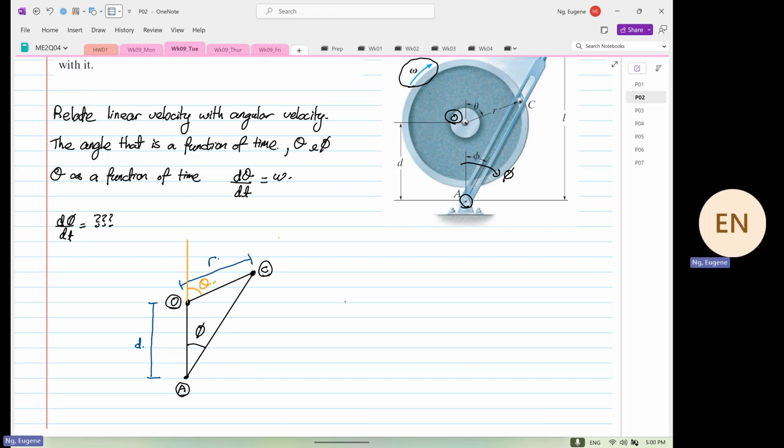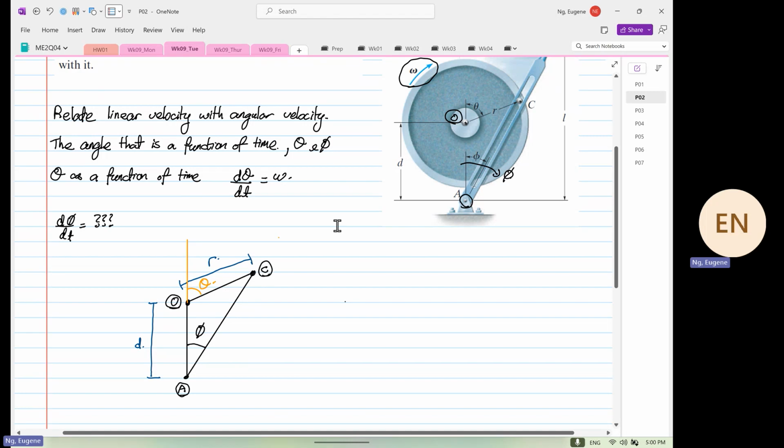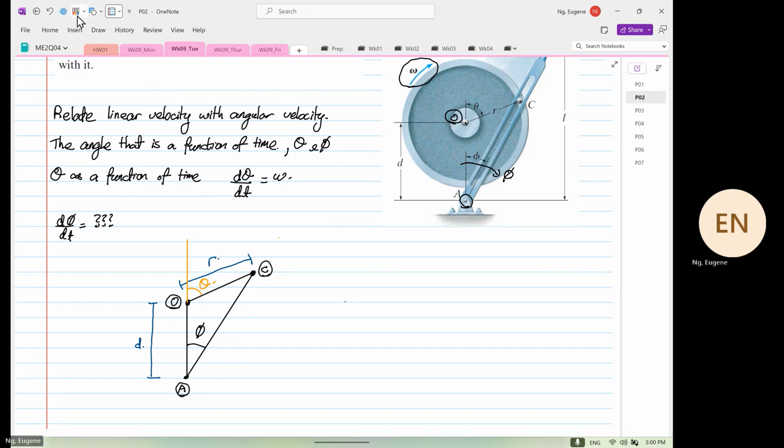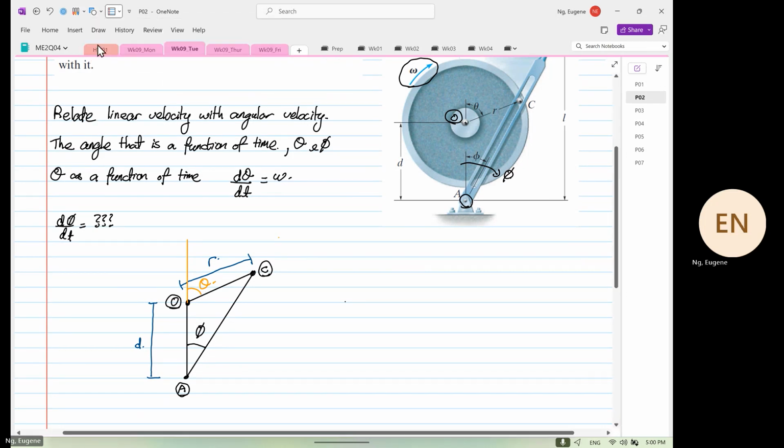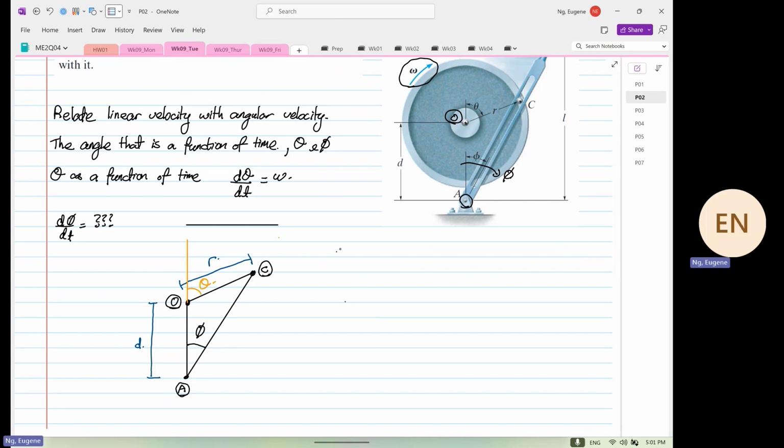And again, we are given a length. At a certain point, we are given a distance from here to here, and this is our L.